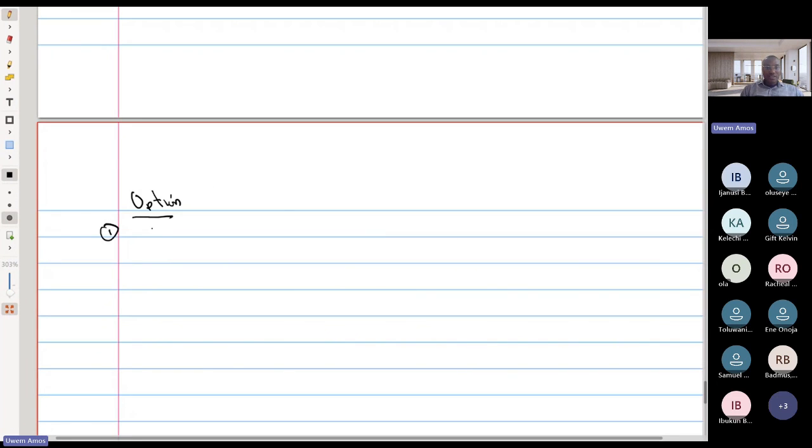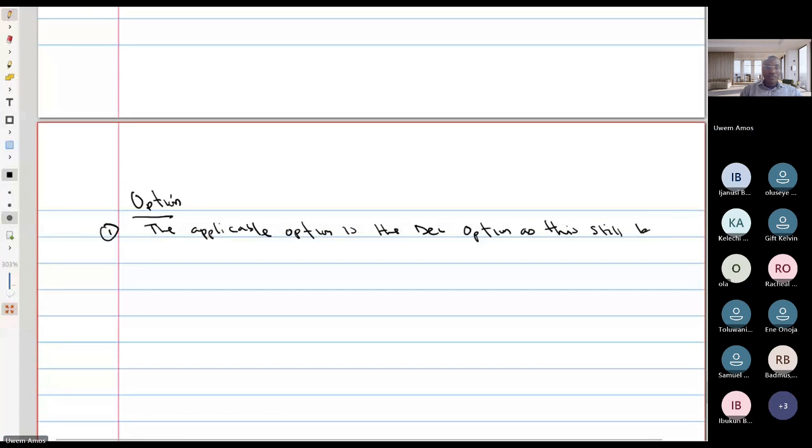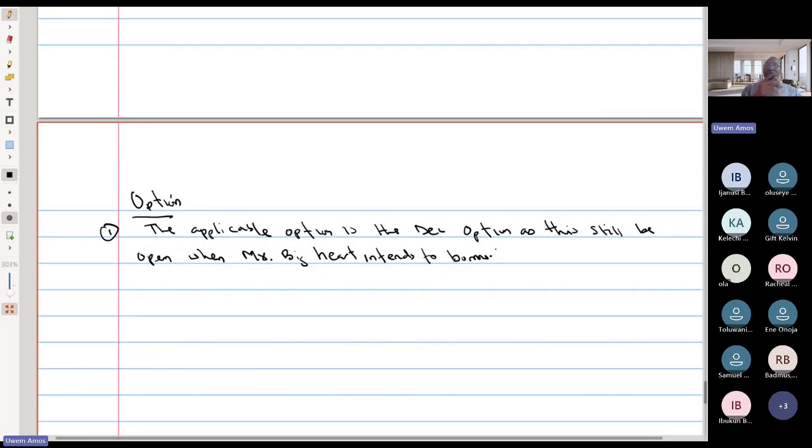So we'd say that the applicable option is the December option, as this will still be open when Mr. Big Heart intends to borrow. So we're going to buy December options.